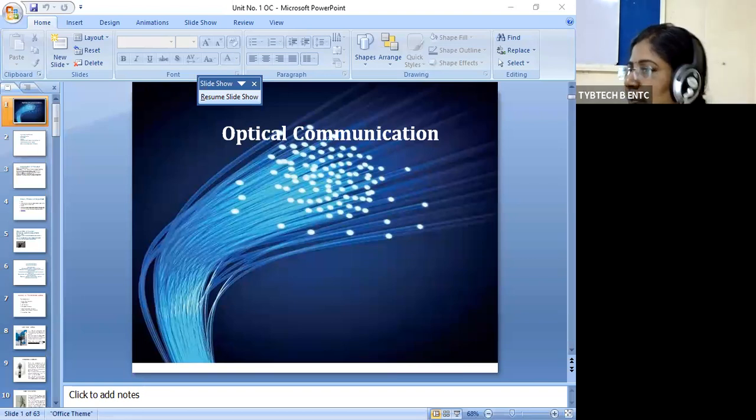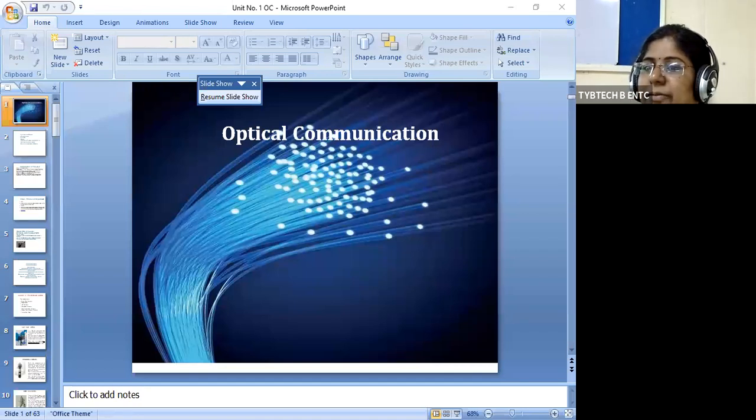Okay, then next is higher security. Security is higher because you cannot trap what information is present in the light form. The next advantage is small size and lightweight. It has a small size and its weight is also less. If you look at the fiber diameter, it is in terms of micrometers or some millimeters.